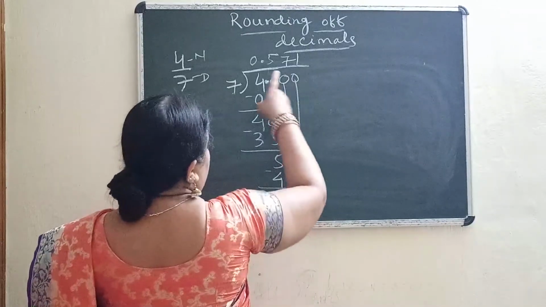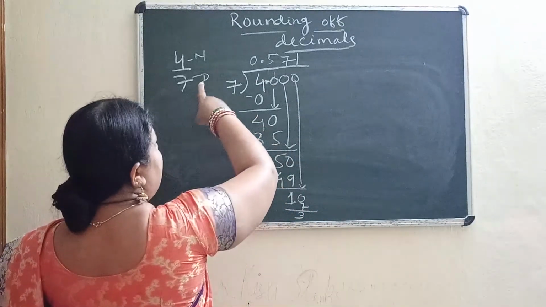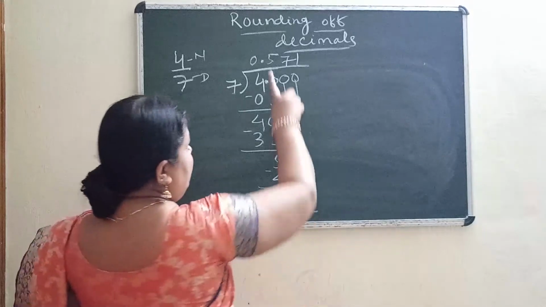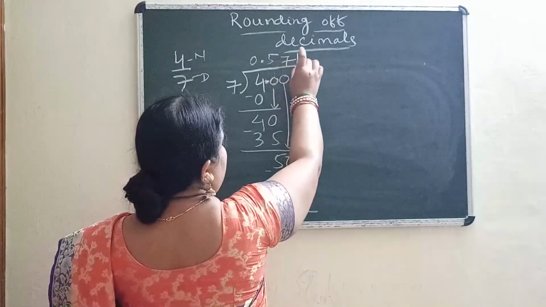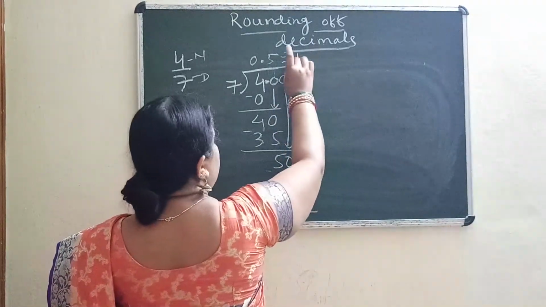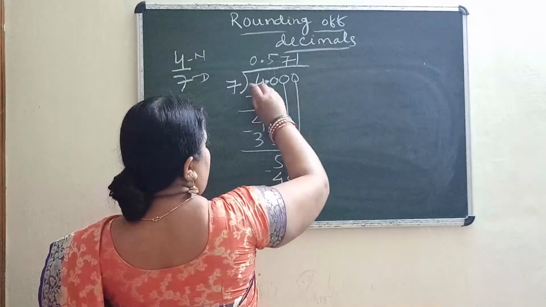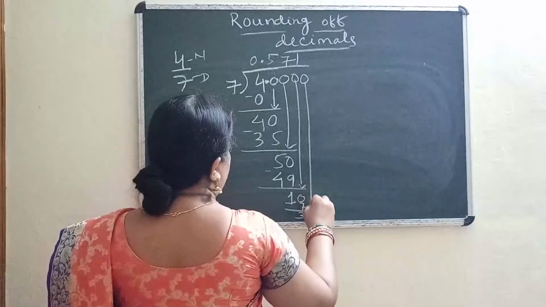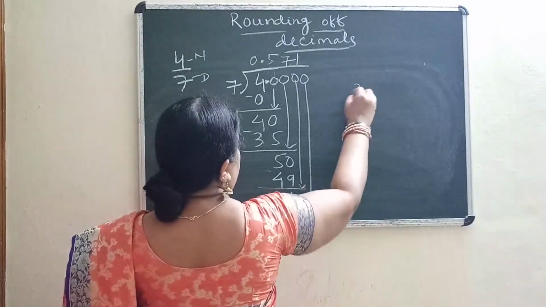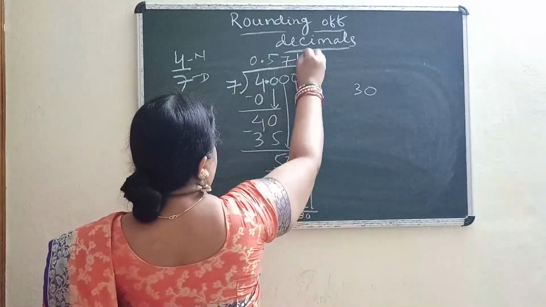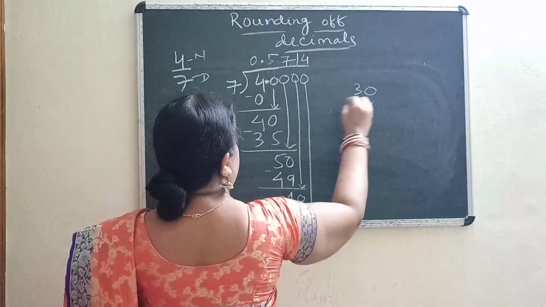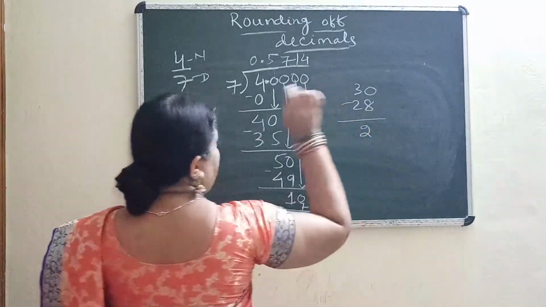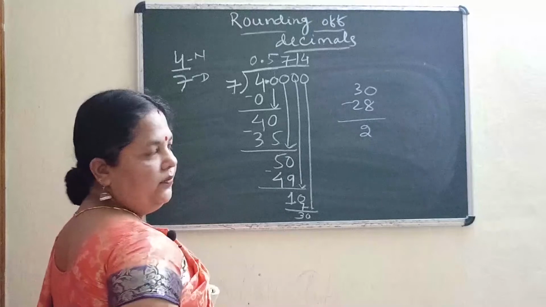Then how much is left? 3. We require 3 decimal places. Now it is 3 decimal places. Nearest 3 decimal places means we want one more step to divide. So add one more 0, it's coming 30. Then 7 4s are 28. Then the remainder is 2. Okay.